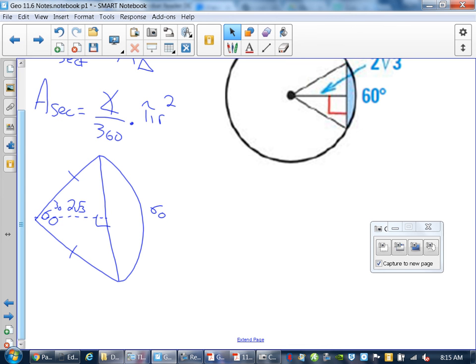So we have to figure out the radius or the side length of that triangle.